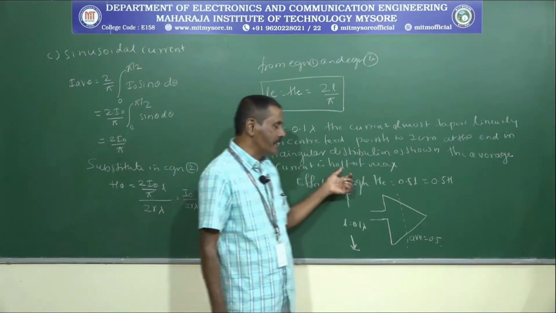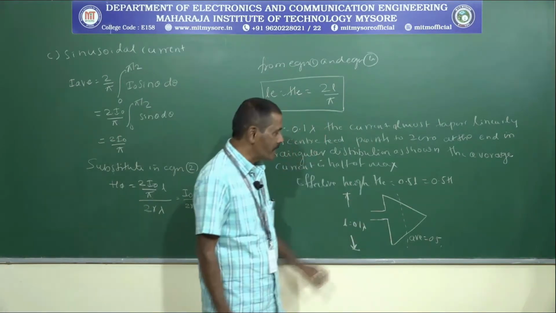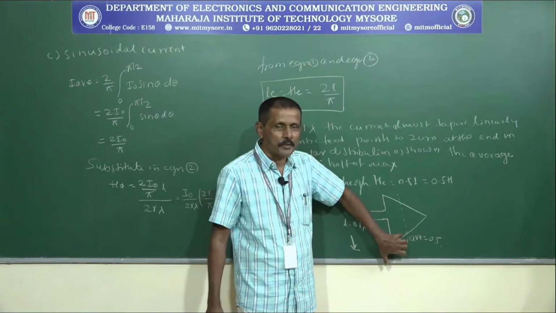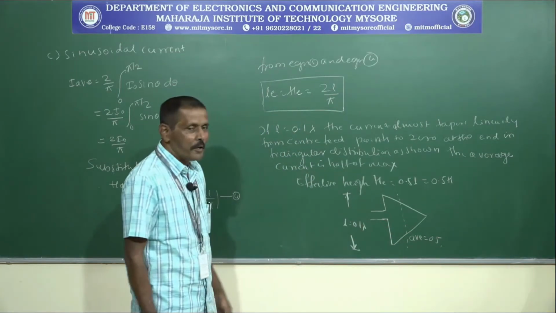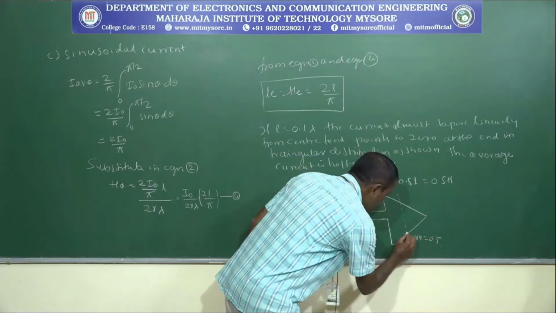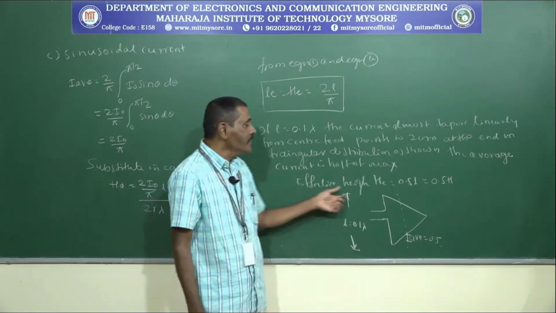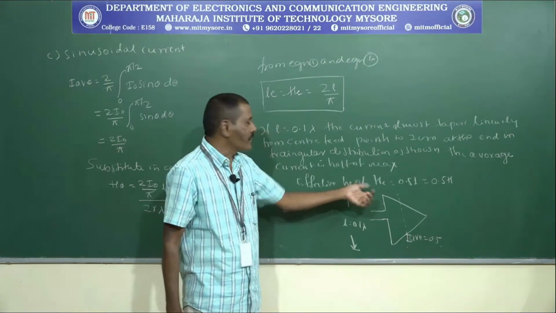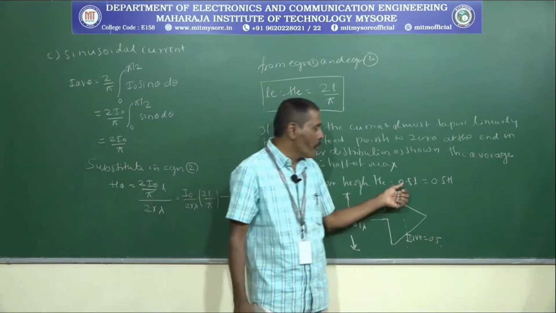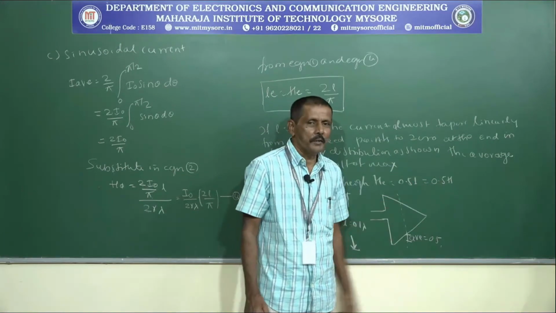Then the average current is half of the maximum current, that is, I average is equal to 0.5. Then the effective length or effective height is equal to 0.5 L or 0.5 H.